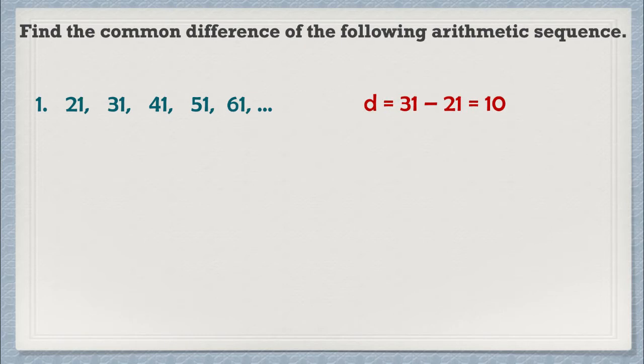Now the common difference D here will be equal to 31, the second term, minus 21, the first term. So D here, the common difference is equal to 10. Or you can also have the third term, which is 41, minus the second term, which is 31. And that will also give you a value of 10.